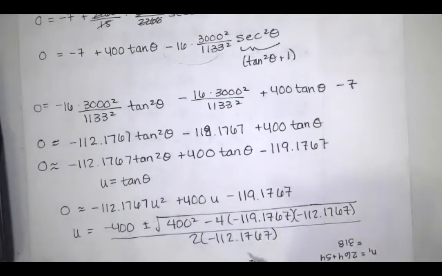So I'll have u equals negative 400 plus or minus that value.